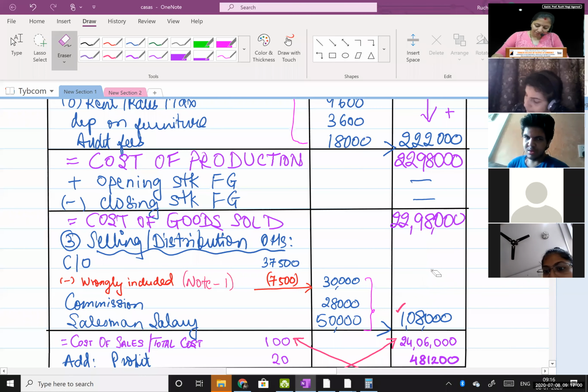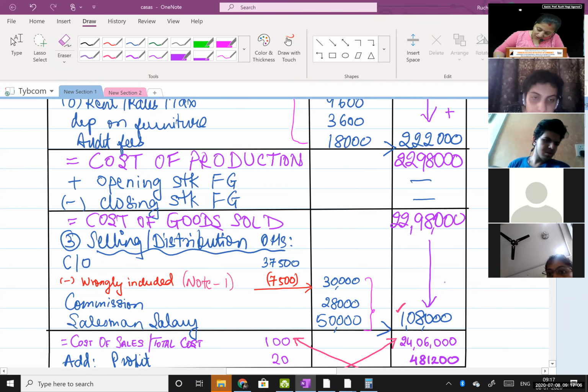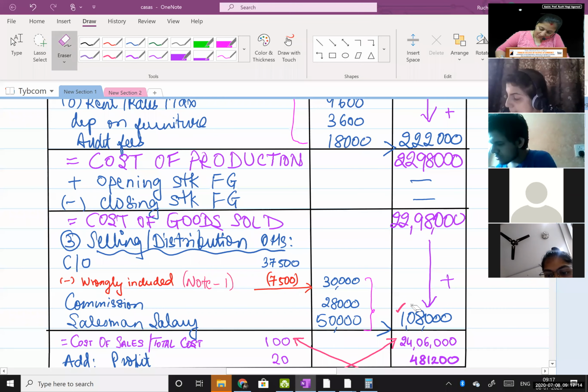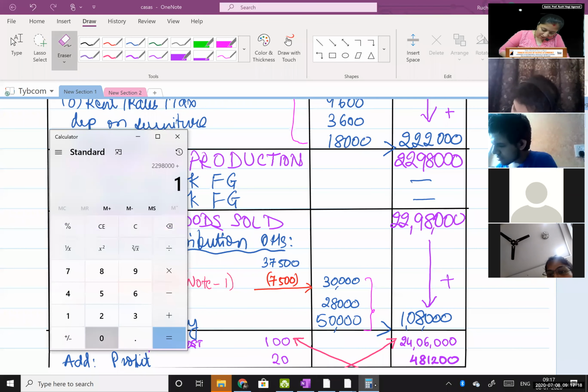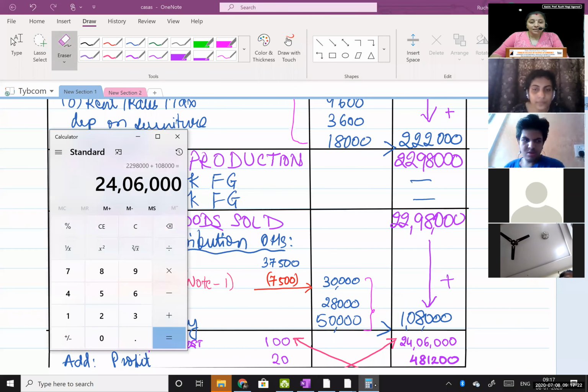Once you take the total in the outer column, you have to add it with the previous total. So what is my previous total? 22,98,000 plus 1,08,000, so 24,06,000.